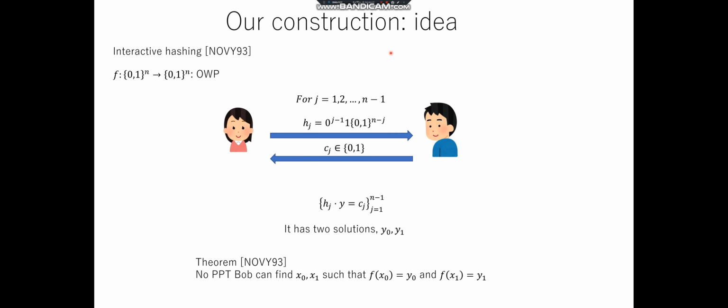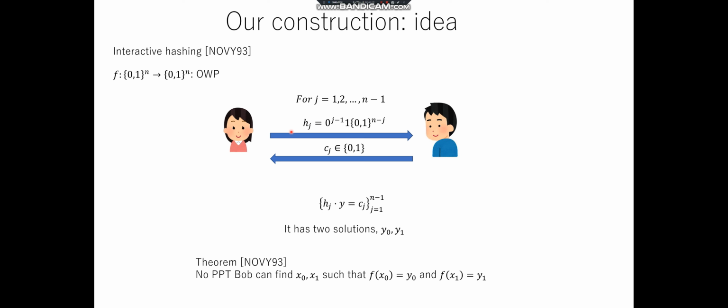Now let me explain our construction. The idea is based on the so-called interactive hashing considered in this paper. F is a one-way permutation, and let us consider the following interactive protocol between two classical parties, Alice and Bob.